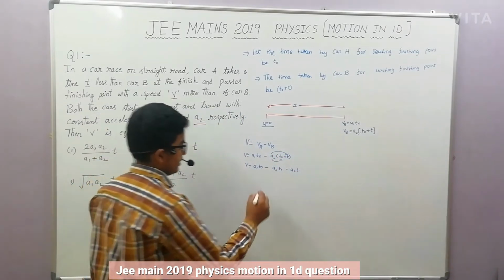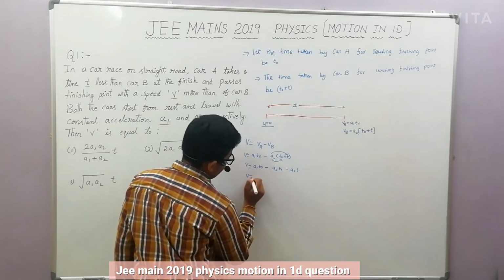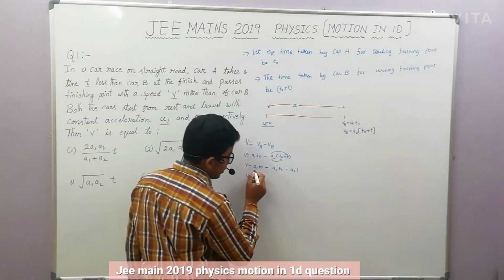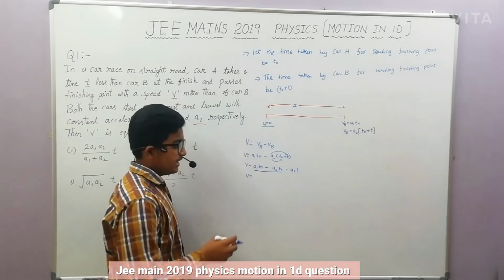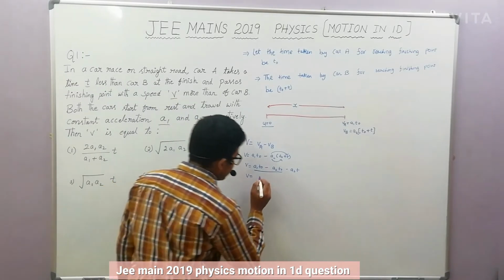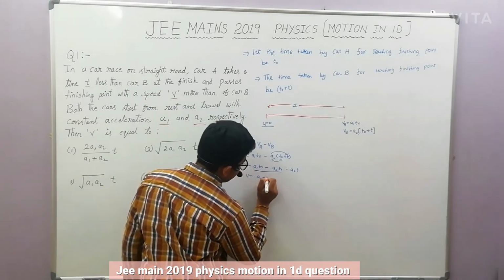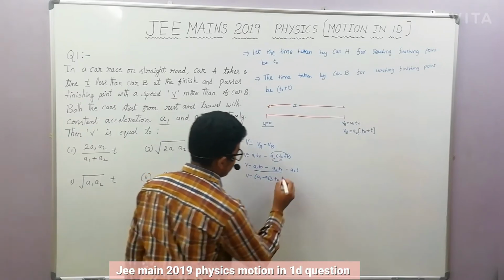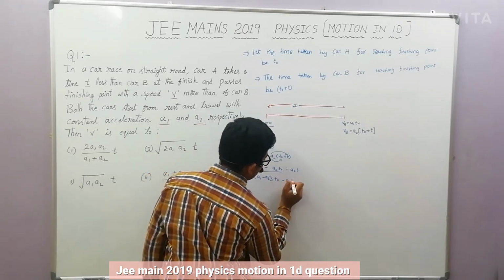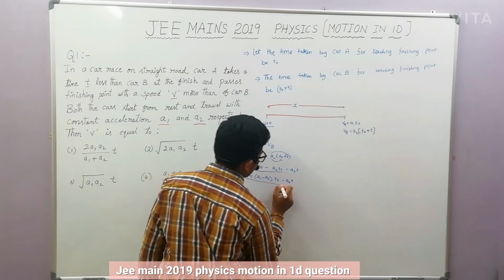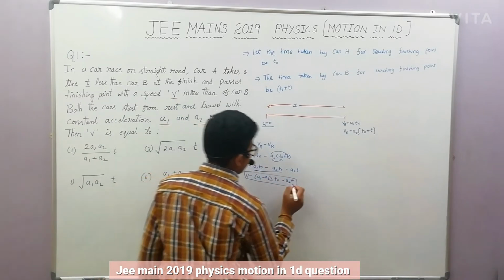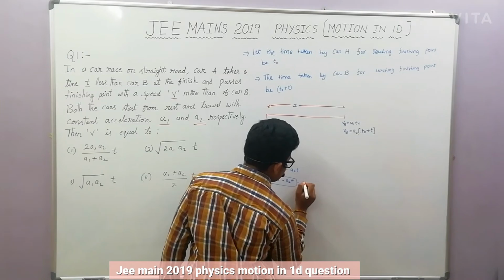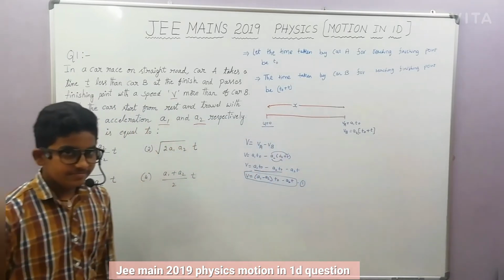Now, if we observe briefly, in these two terms we can see t naught as common. So let's take it common: t naught into a1 minus a2, minus a2 t.